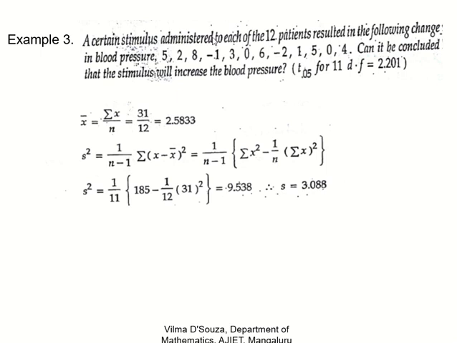The stimulus given to 12 patients has changed the blood pressure as follows. Now your conclusion is regarding the entire population or the universe. You are assuming that the stimulus will not change the blood pressure, that is mu is equal to 0.